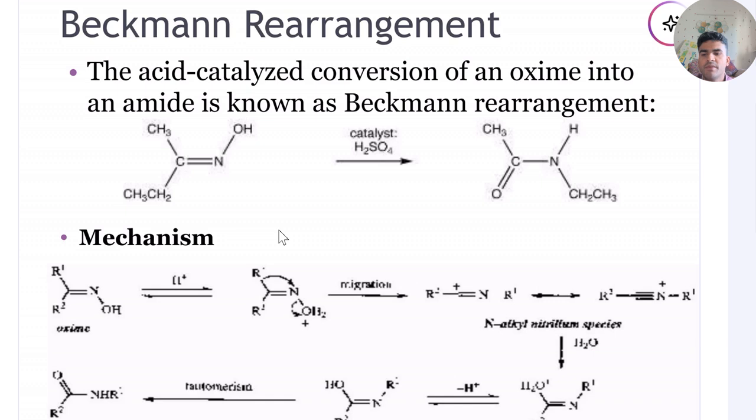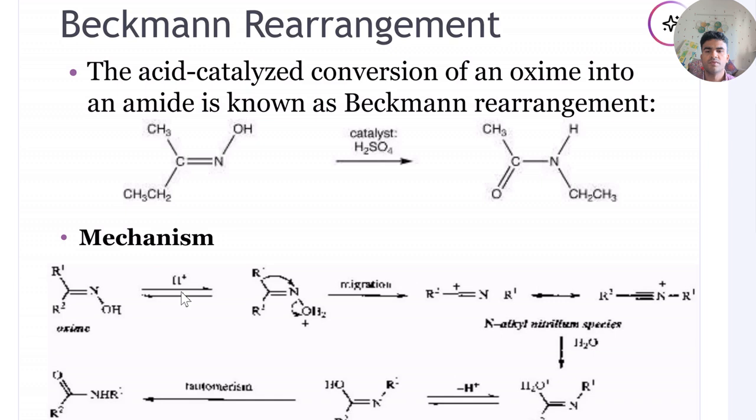Now Beckmann rearrangement. In this Beckmann rearrangement, an oxime will be converted into an amide in presence of an acid catalyst. This is oxime, which reacts with H2SO4 to give the amide.